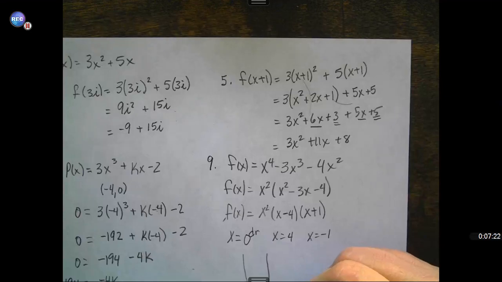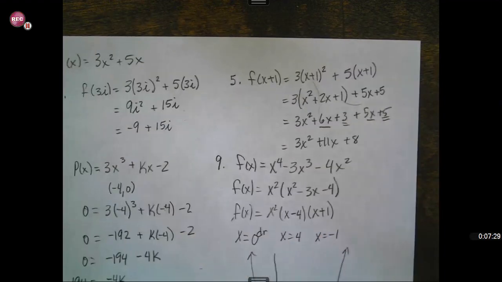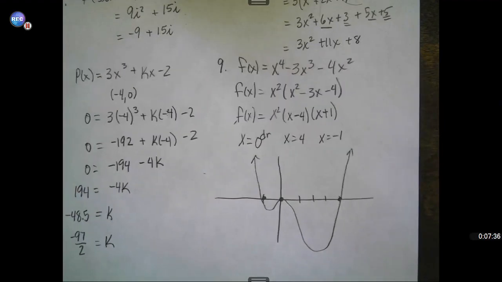So like that, and then back down and back up. Something like that. Oh, you can't see it. There you go. My zeros are at negative 1, 0, and 4, and 0 is a double root, so I do the tangent thing at a double root.